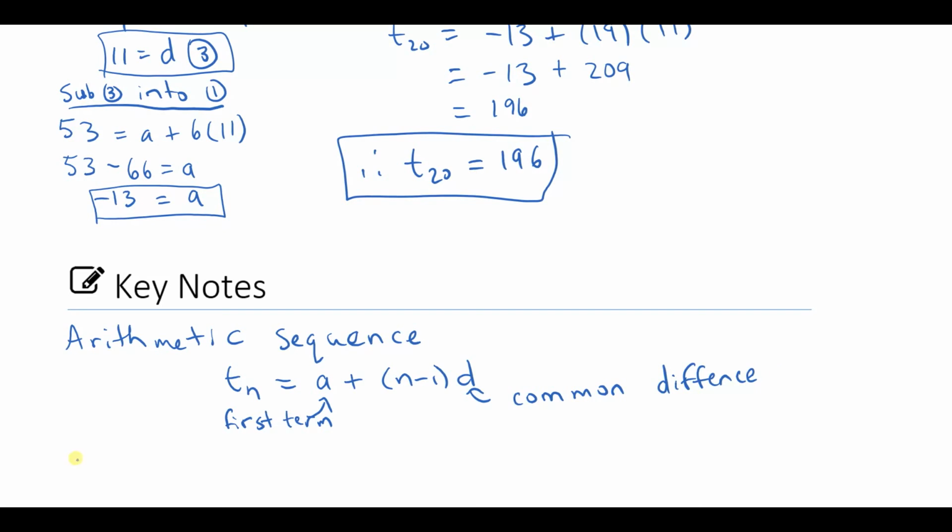We could also use a recursive formula. So the first is the general term. We can find any term using this formula, or we could use the recursive formula.